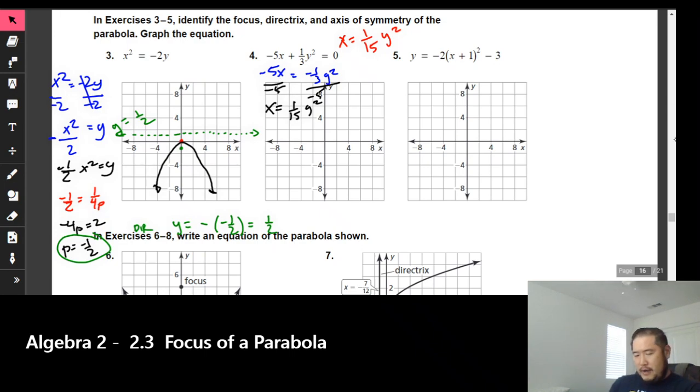And don't forget, the reciprocal of negative 5 is negative 1/5. That's where I took negative 1/3 times negative 1/5 and ended up with 1 over 15. Now that we have that, let's put things together. Remember, our origin happens to be our vertex at (0, 0), so I can go ahead and plot that point down right here.